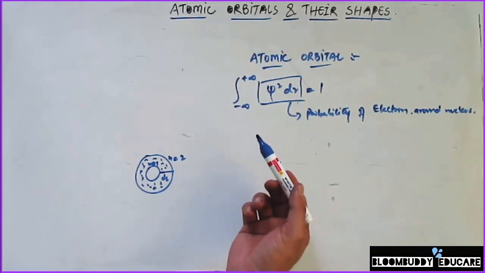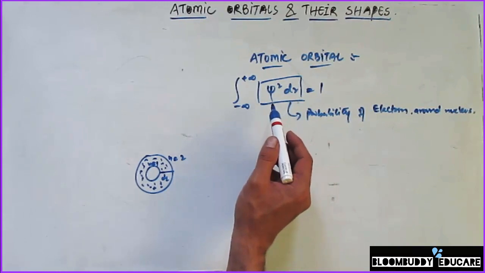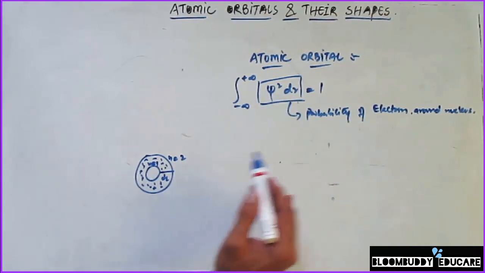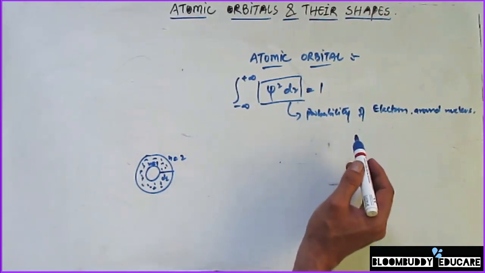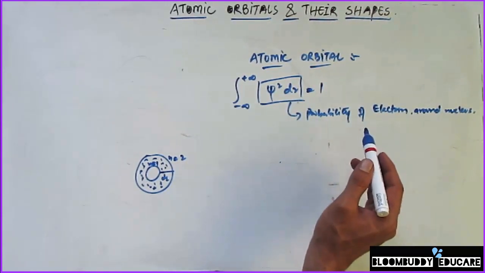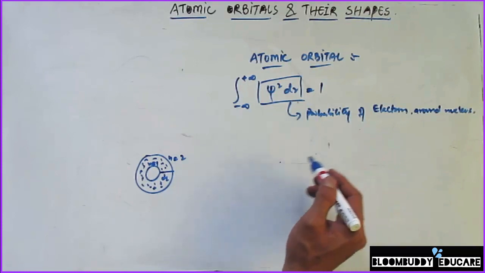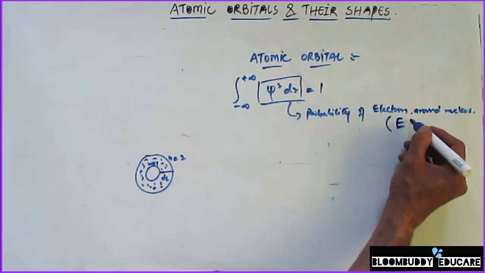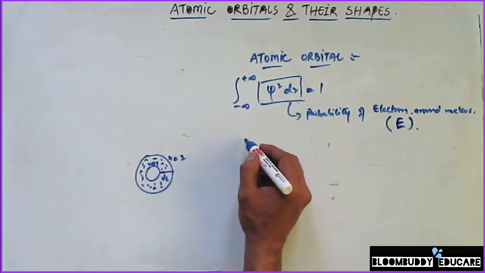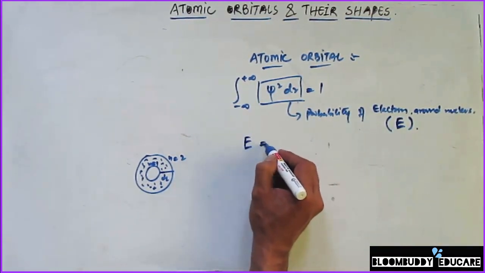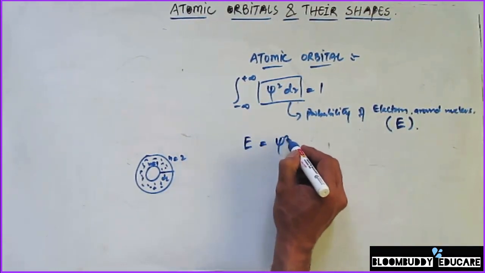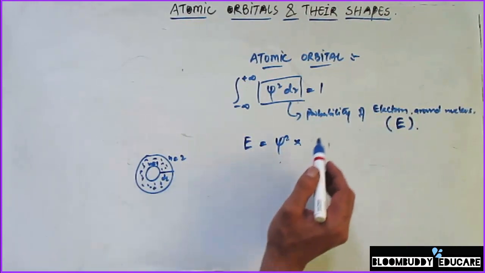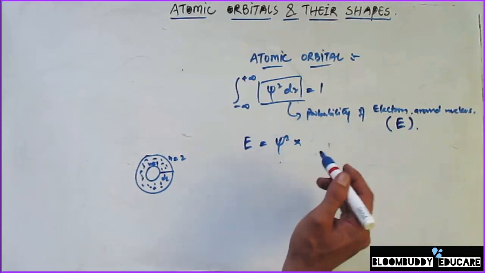Now, since I mentioned that the product of this psi square and the small region dr always gives us the probability of finding the electron around the nucleus, this probability can be represented by E, the capital E. So in other words, I can say this E is basically equal to psi square into the volume, since now I am trying to find this electron probability in a three-dimensional space.